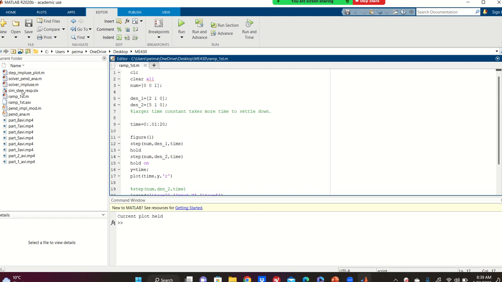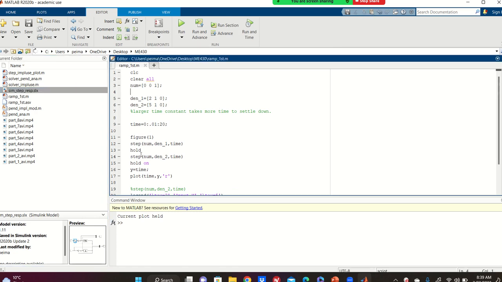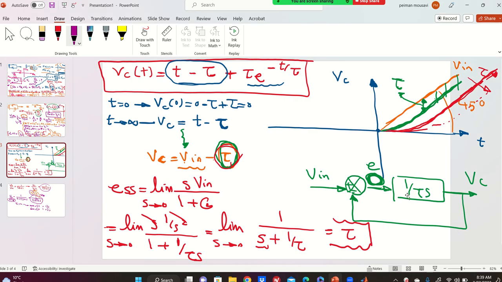So, any questions, guys? If you are done with this, let us go to Simulink, because in Simulink we're going to do the same. And don't forget, guys, in the coding you are putting the closed loop transfer function. So in Simulink, until this comes up, I'm going to examine this open loop transfer function, because in Simulink we have a ramp command.